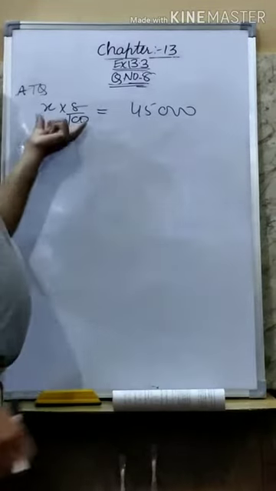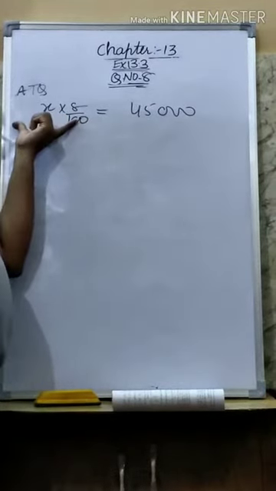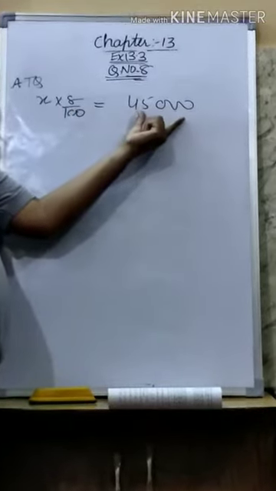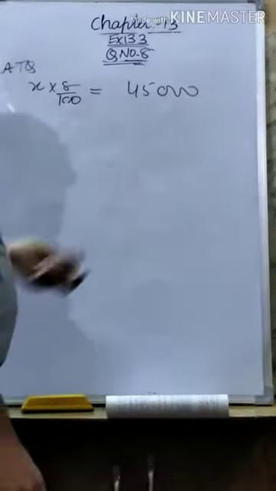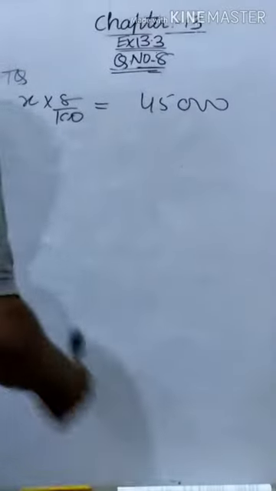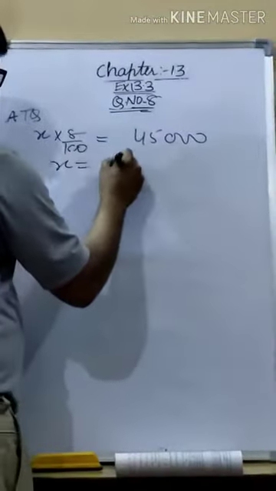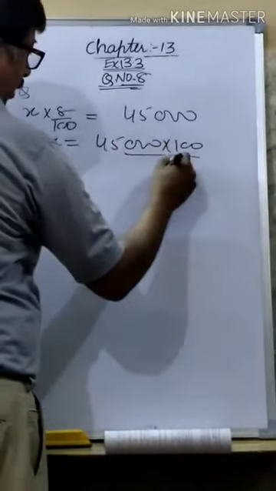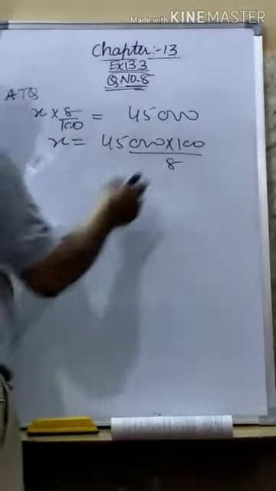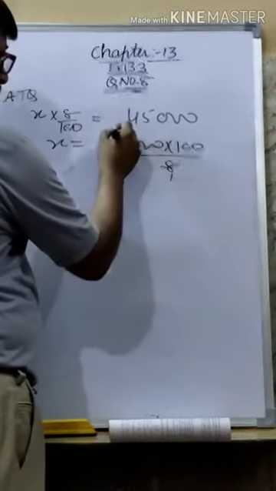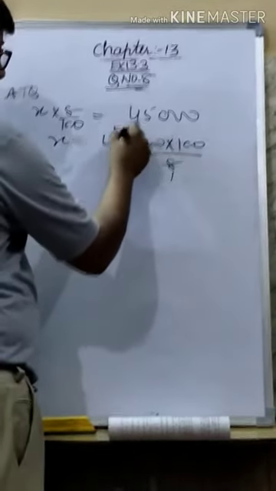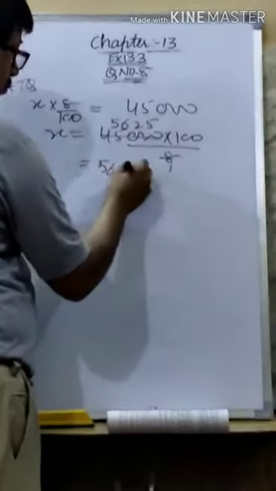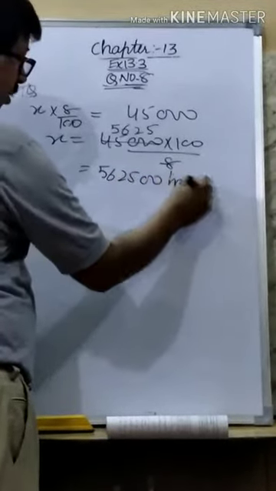This is the volume of the required area which has to be irrigated, and it is equal to the volume of water in 30 minutes. So x is equal to 45,000 into 100 by 8. Cancelling, this is 5,62,500 meter square.